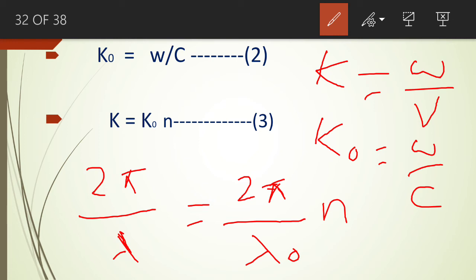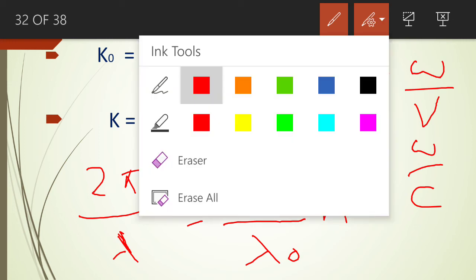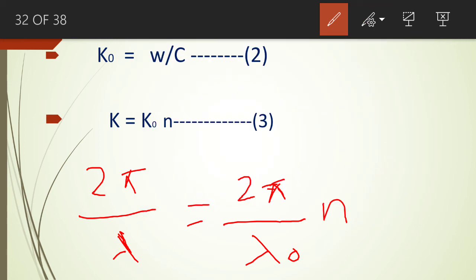If I divide k by k naught, k by k naught will be equal to omega by v and omega by c.